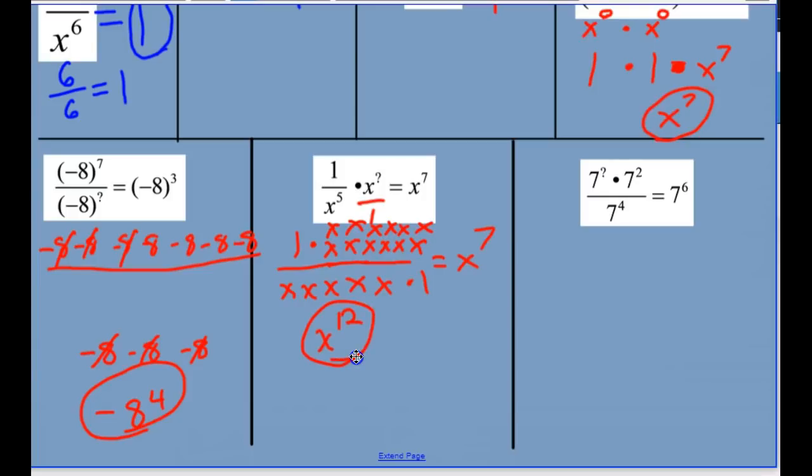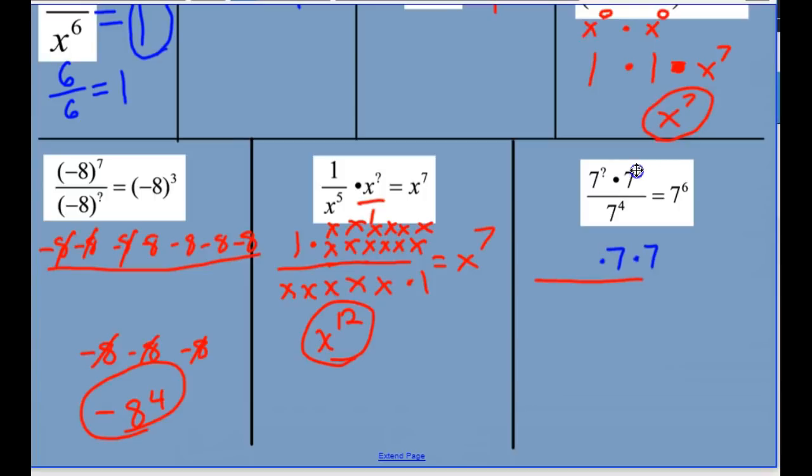We're doing the opposite of subtracting when we divide, and we're going to add. So up here, we know we have some kind of 7s, but we do know that what we're going to add is 2 more 7s to whatever we have. So 7 times 7.